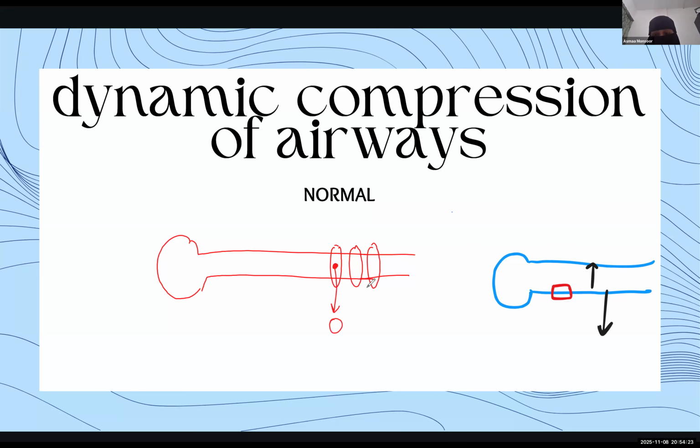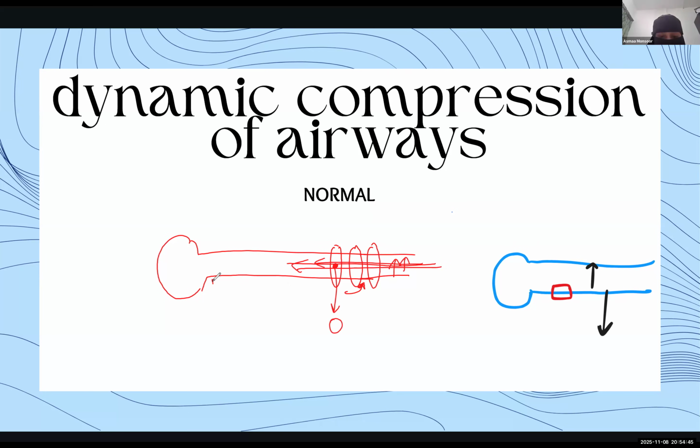After this, you would expect the inward pressure to be so high in these parts that it would collapse the bronchi. But the bronchi doesn't collapse because the cartilage is keeping it patent. So this airflow will still happen. The air will flow through this.